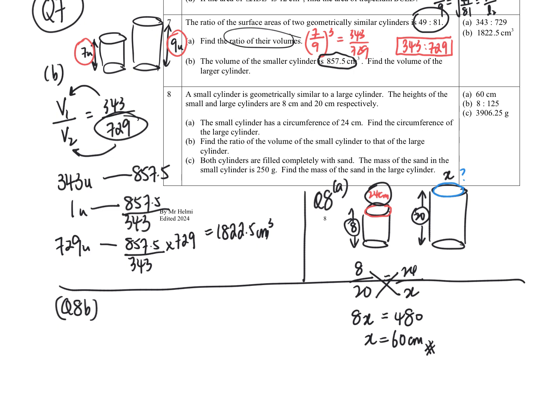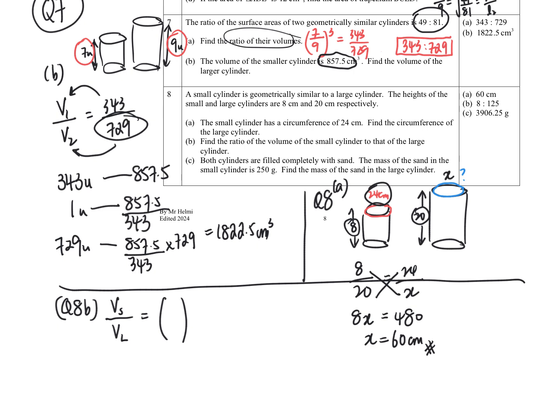Okay, now 8b says I want the volume. So what to do? Volume of the small one. If you don't like V1, you can write VS for volume of the small one, VL for volume of the large one. What do you do? Put in one ratio.